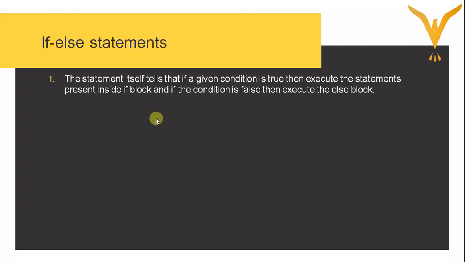The statement itself tells that if a given condition is true, then execute the statement present inside the if block. ये तो मुझे मालूम है, अगर मेरी कंडीशन ट्रू है तो हमेशा if block एग्जीक्यूट होगा, and if the condition is false, then कौन सा ब्लॉक एग्जीक्यूट होने वाला है? Then the else block will be executed. So now let's understand this by taking one example.